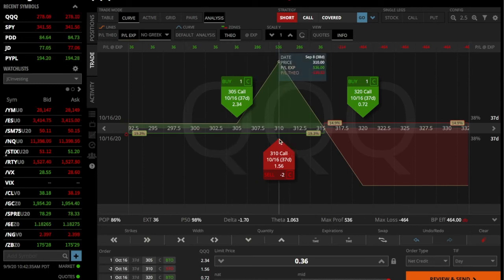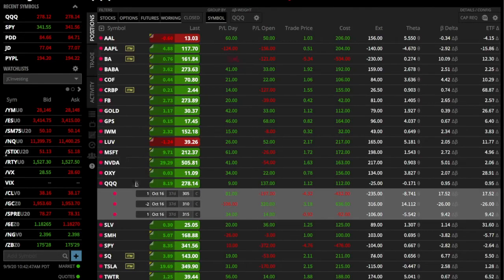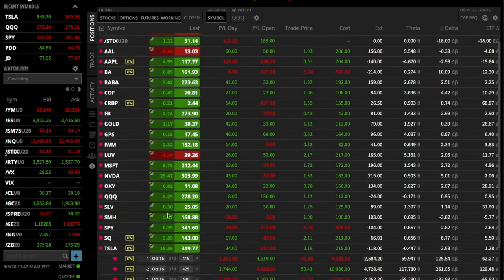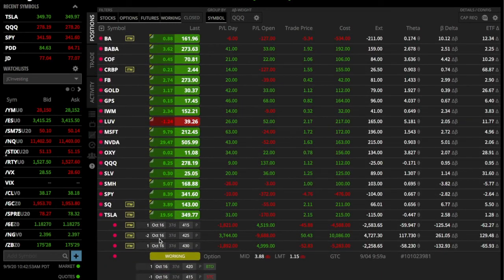We could have just let this trade roll and not taken off all the risk. But again, I like to take off the risk on some of these. That's what I was looking to do in this Tesla position that's in the portfolio. With Tesla, the opposite happened, and this is a put side broken wing butterfly.